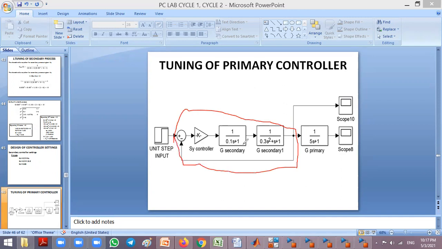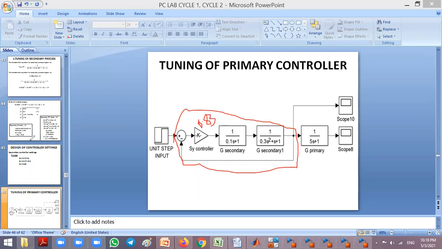The transfer function is 1 over (0.1s plus 1) into (0.13s squared plus s plus 1). It is controlled by a proportional controller, so I am putting a gain block. A proportional controller is nothing but a gain block. Here the gain is implemented as 6.83, which we got in the previous calculation.